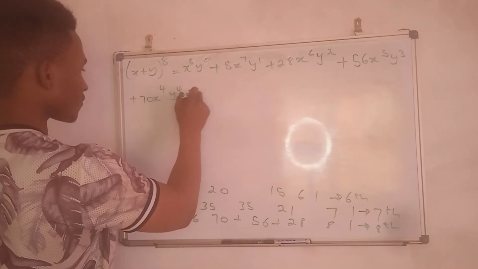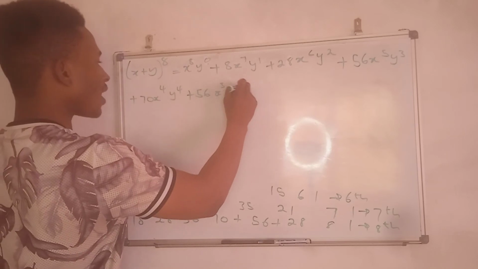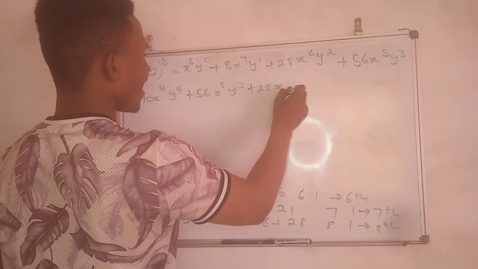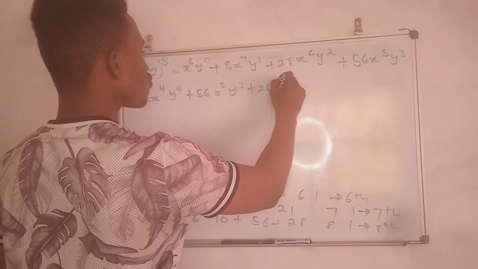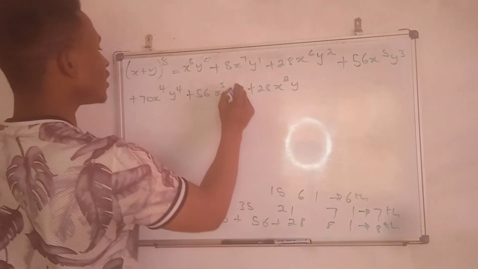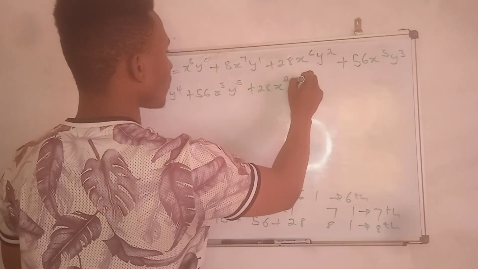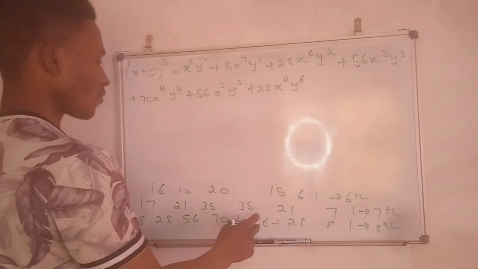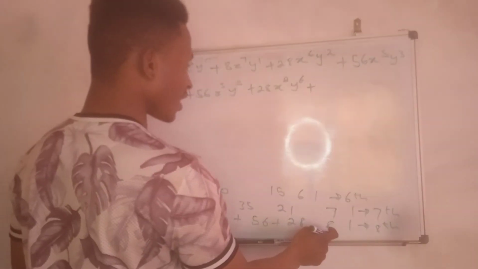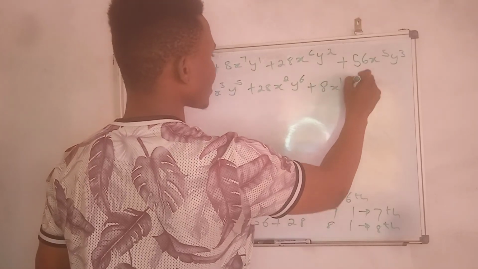Plus 56, x to the power 3, y to the power 3, plus 28, x to the power 2, y to the power 6 on this 28. And then I'm having this 8 again, which is x to the power 1, y to the power 7.